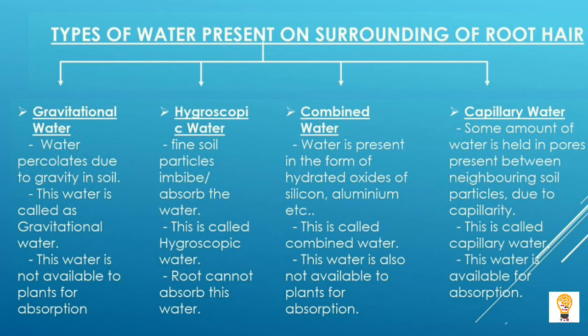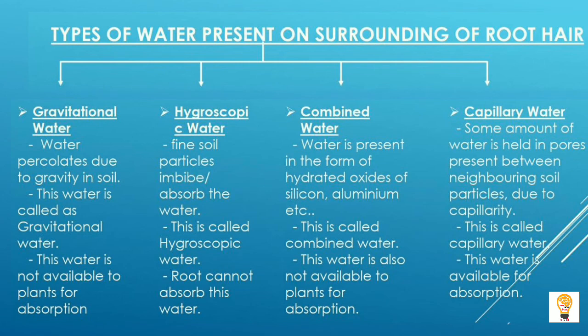Then let us go to the third type of water, that is combined water. Now what is combined water? It is the water present in oxides or chemical compounds in the particles of soil. This is also not available to the plants because the water is present in the oxide itself, so it is not available for absorption.